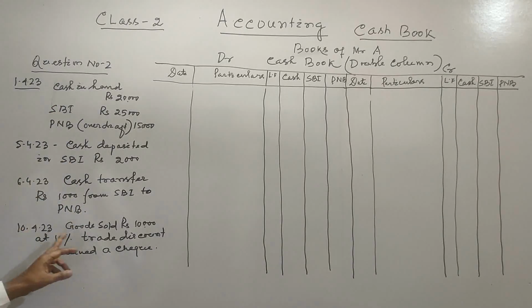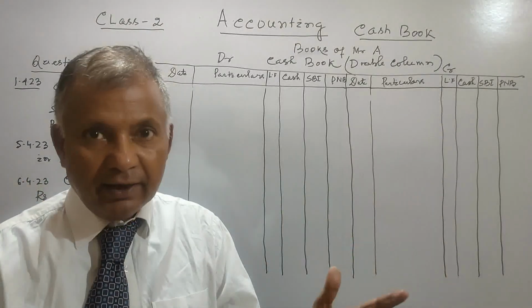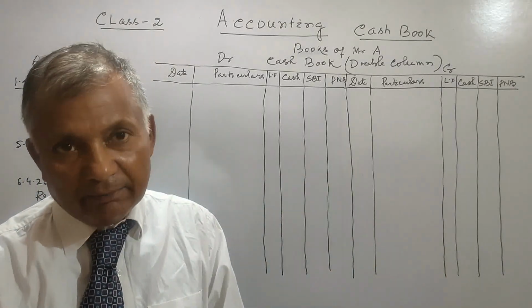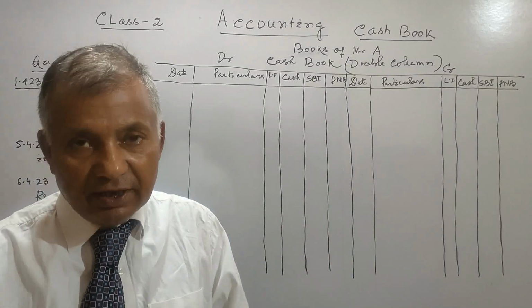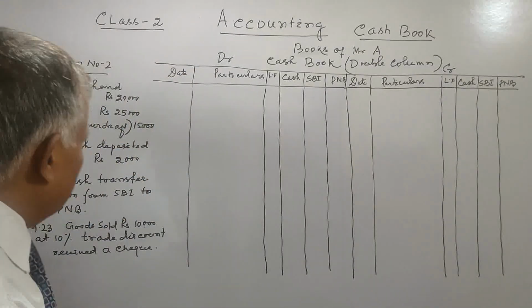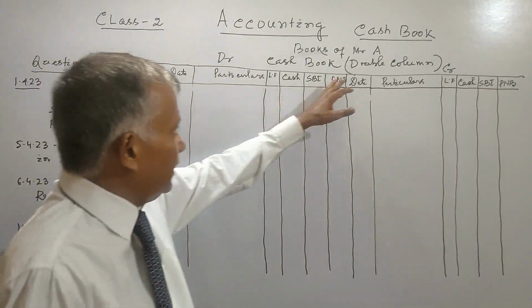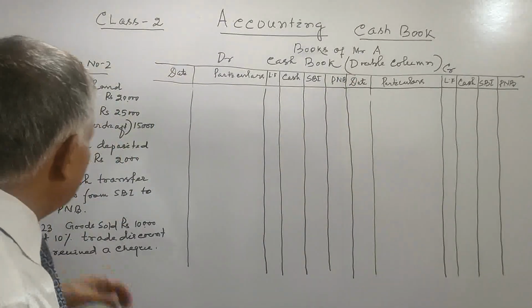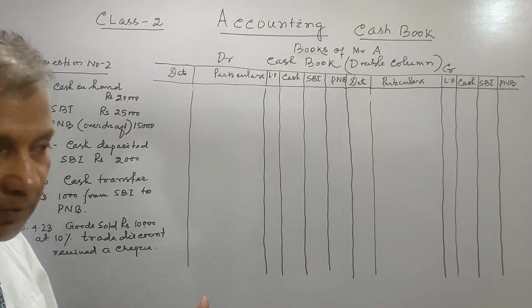I have written 4 entries and after this I will come out with more entries so that you will be knowing at the end of the problem the treatment of overdraft balance. If there is an overdrawn balance, overdraft balance, how to prepare a double column cash book. So friends, let us start with the problem.